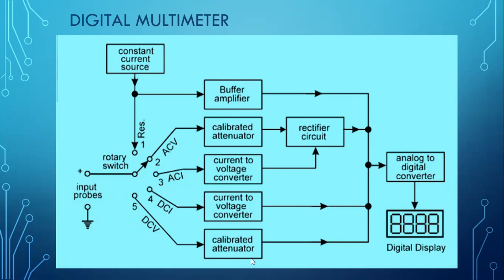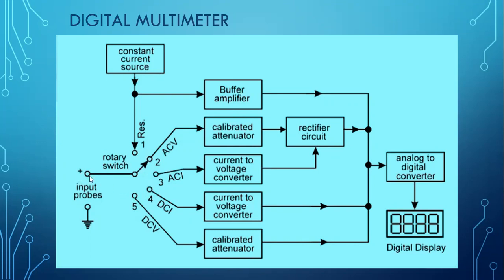The main purpose of the digital multimeter is to measure resistance, AC voltage, AC current, and DC voltage. To measure the different quantities with the help of this meter, we switch the different circuits which do the different measurements with the help of the rotary switch.